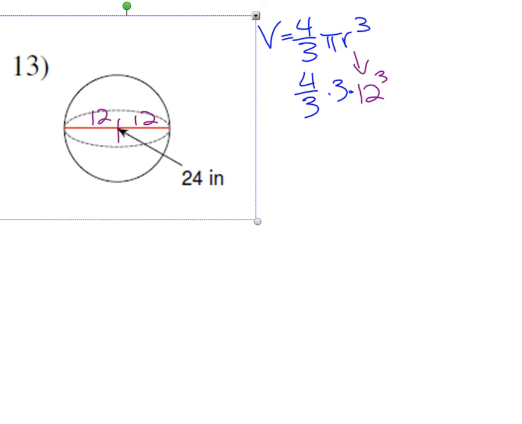We should be able to work this out from here. Please don't try to tell me that 12 to the third power is 36, because that will continue to be wrong every time. It is in the thousands. It's 1,728.